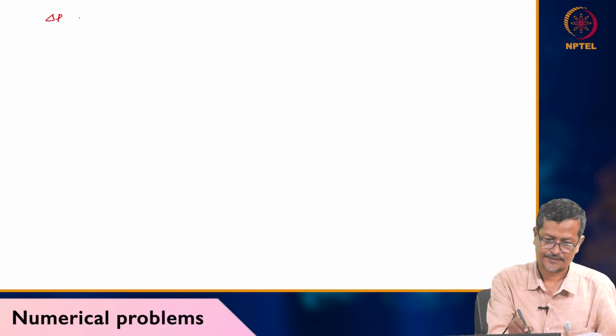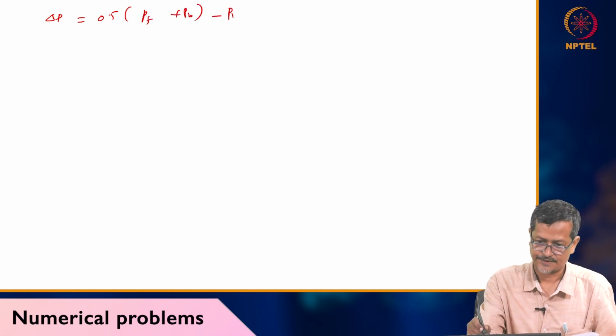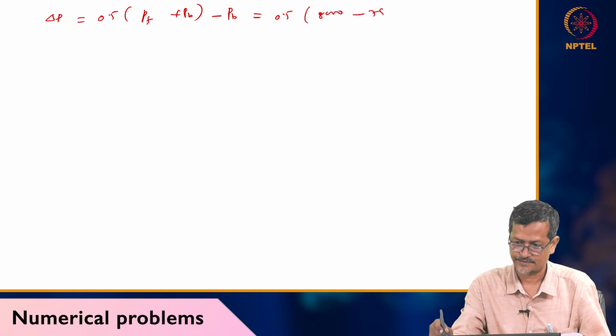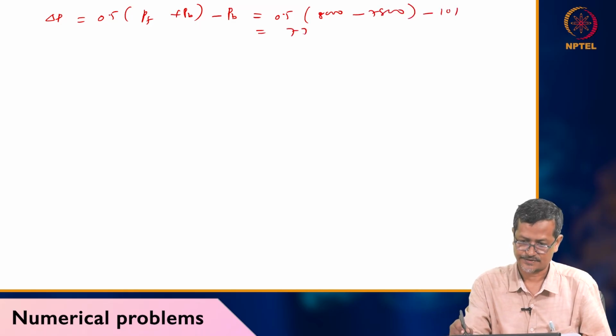Now del P equals 0.5 times Pf plus Pb, minus Pp. It is coming 0.5 times 8000 plus 7800, minus 101, giving 7799 kPa.